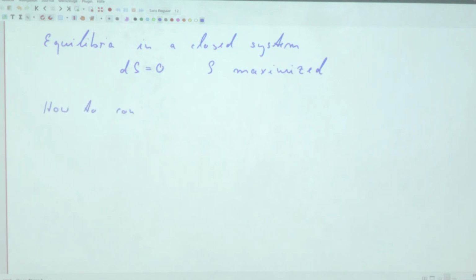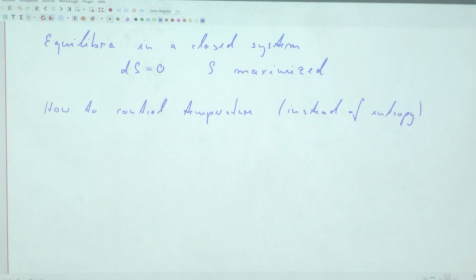So how can we control temperature instead of entropy? I mean, how do we experimentally control temperature? Very simple. You put your experiment into what we call a thermostat.